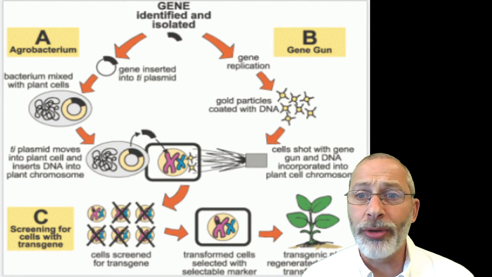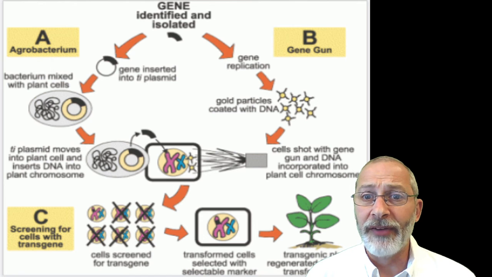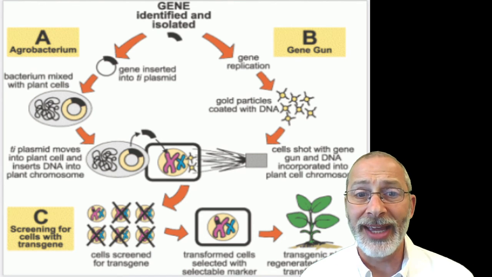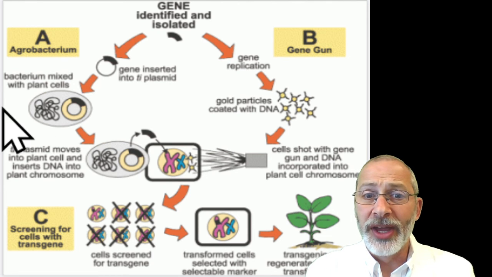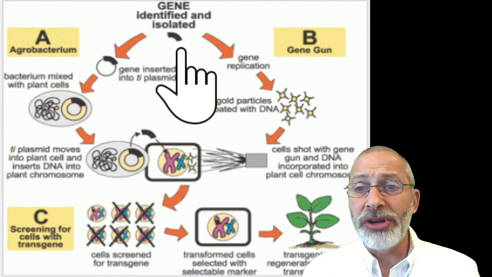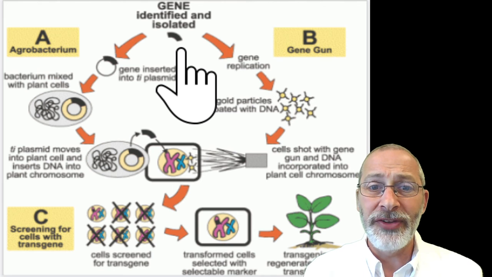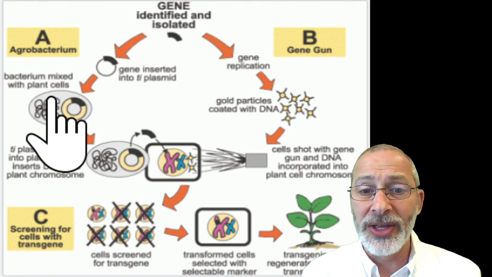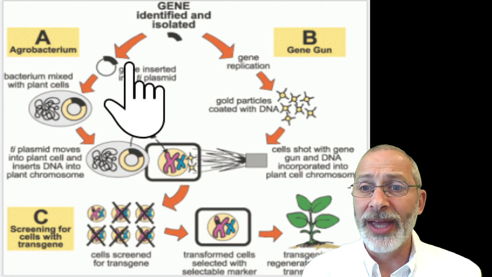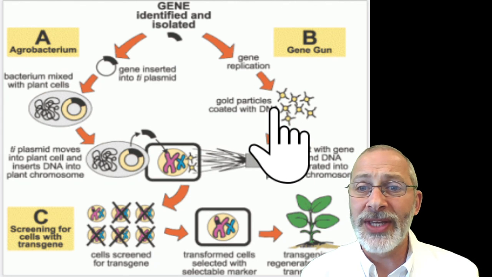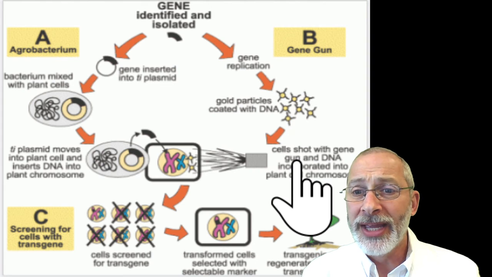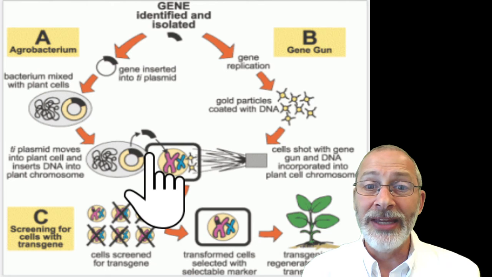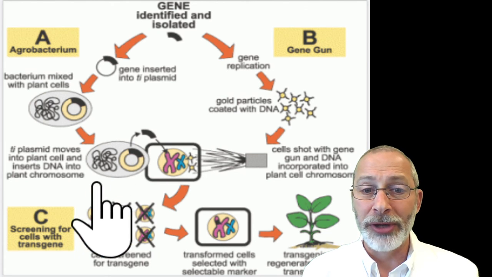So here's a diagram of an identification and isolation technique where there is a series of genes which are identified, and here they're using bacteria with plant cells and replicating genes as a result, and then boom, using what's called a gene gun in order to insert them into the gene they want to replace.